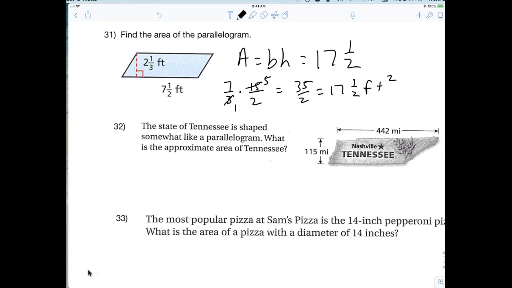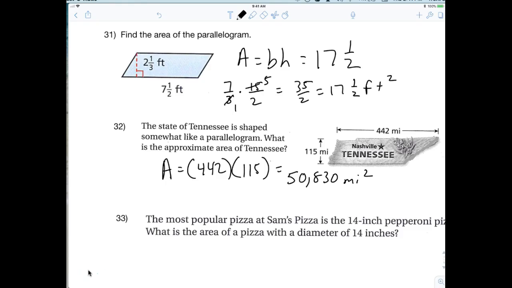Think before you speak. So what's the base and height? Good. And the height would be? So tell me what that is. 50,830 miles squared.